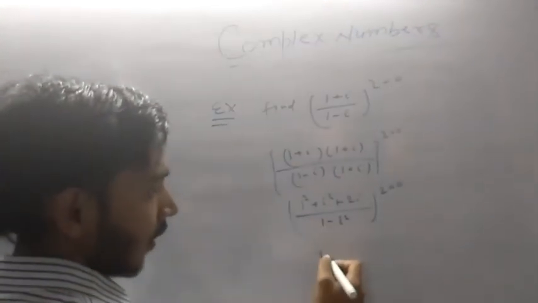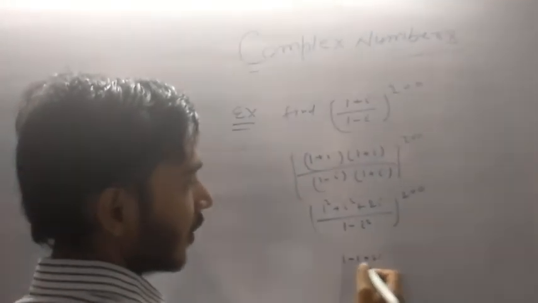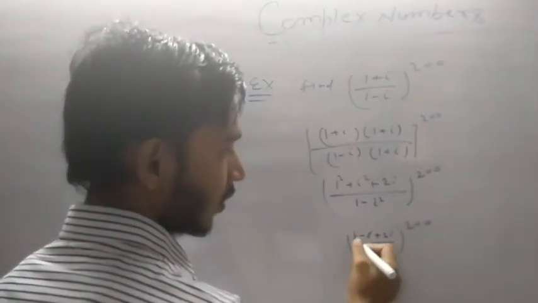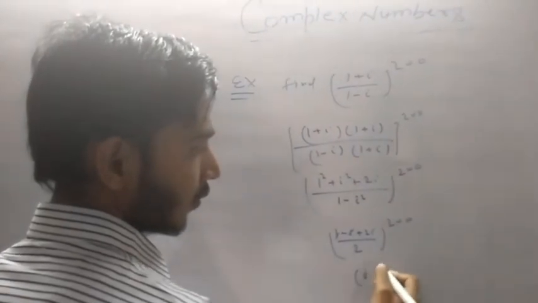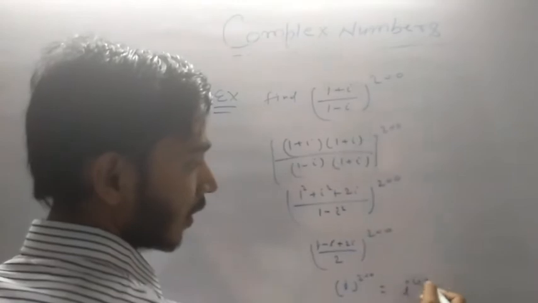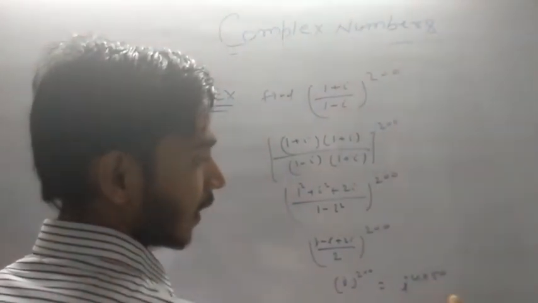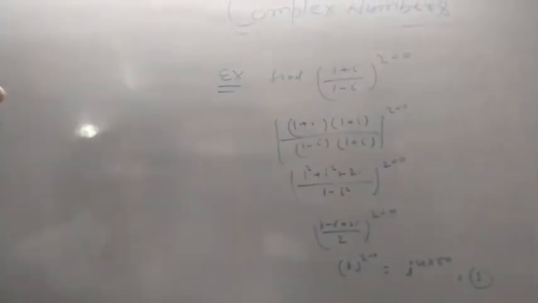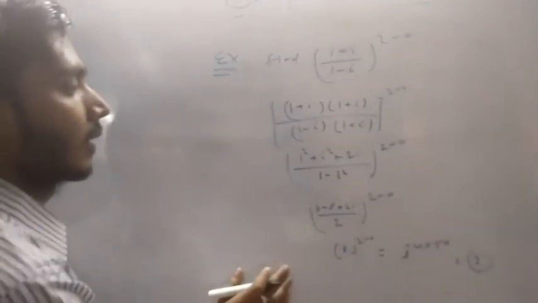So (1 - 1 + 2i) upon 2, to the power 200, is equal to i to the power 200, and you can write this as i to the power 4 multiplied by 50, and this is equal to 1. So we solve this type of question by this method.